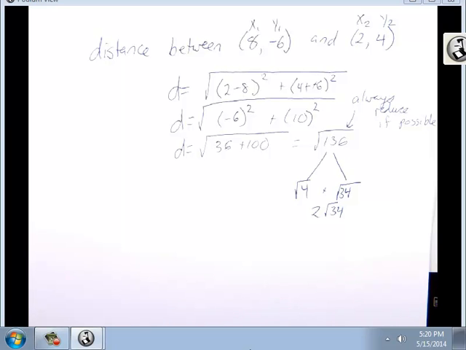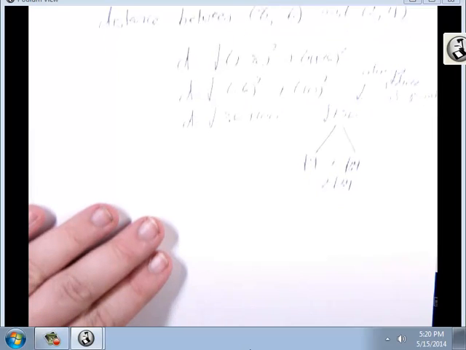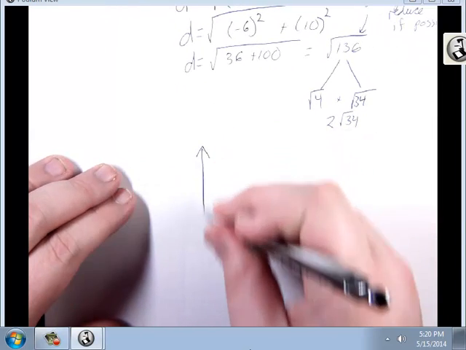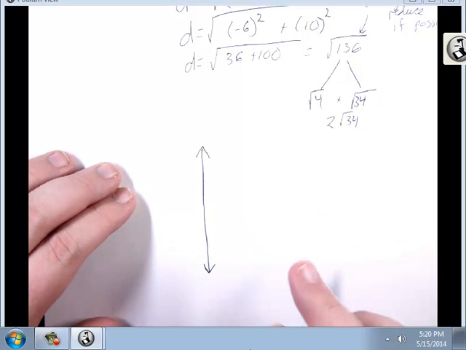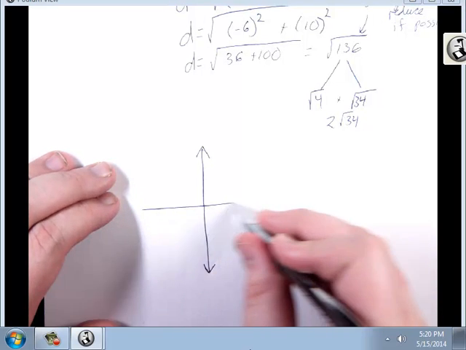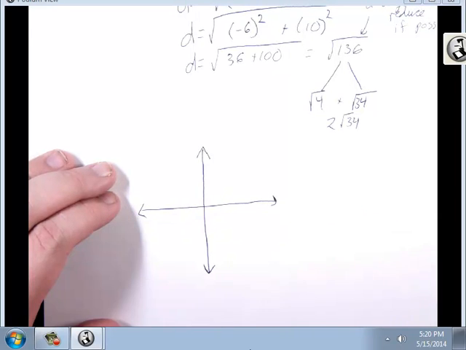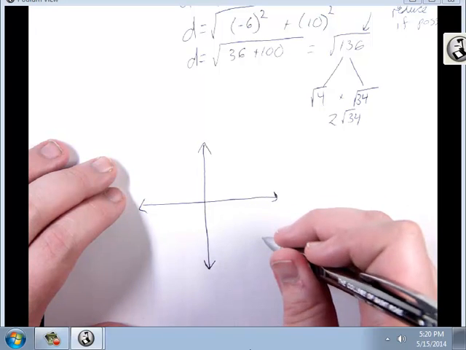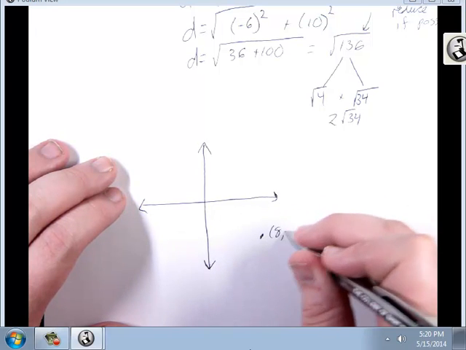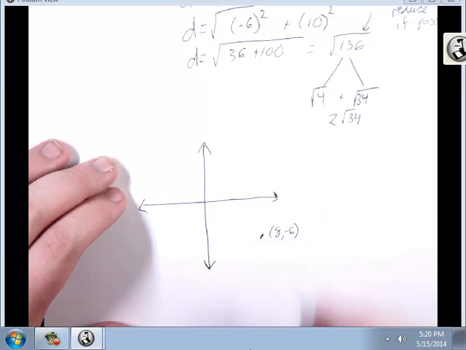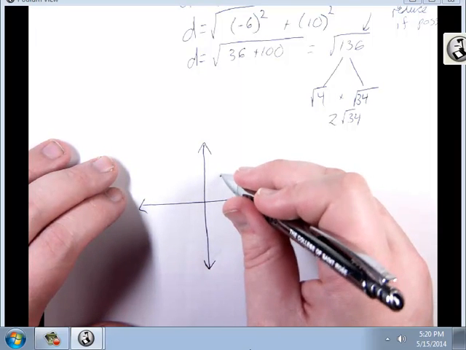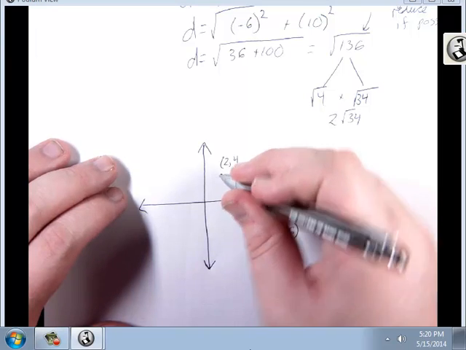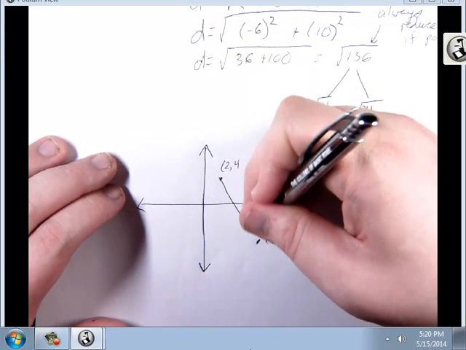Now let's try method 2. These should be much further apart, so easier to see. (8, -6) would be about here. And (2, 4) would be about here. So, there's my line. I'm going to trace in my triangle.